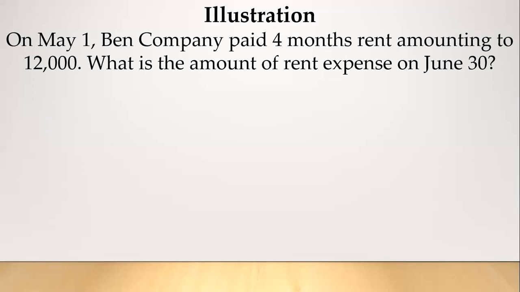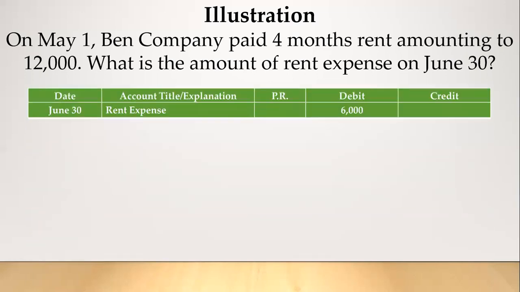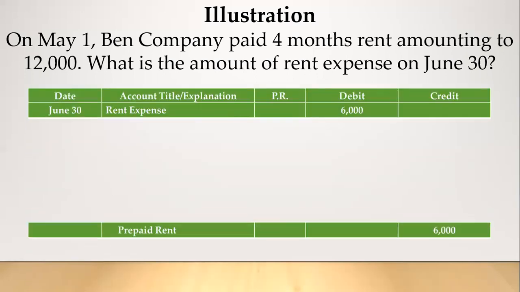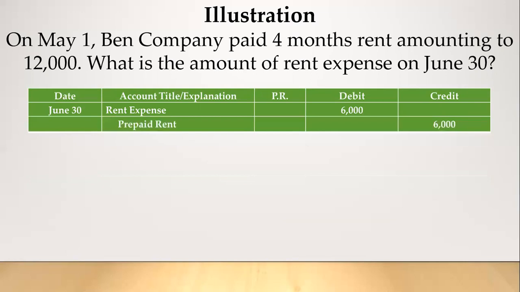Meaning there's an overstatement in the asset section, and an overstatement in the income statement. So in this scenario, what would be the entry? June 30, rent expense 6,000, and then prepaid rent 6,000.